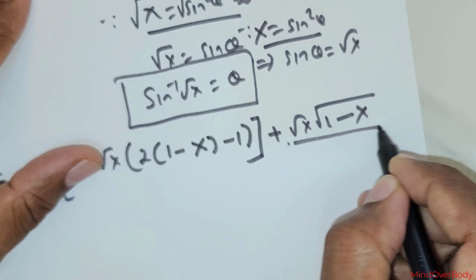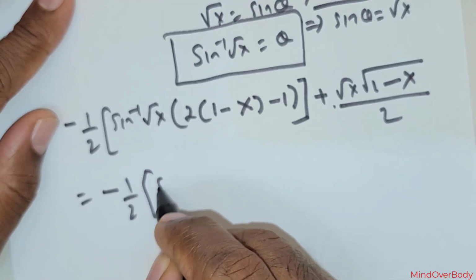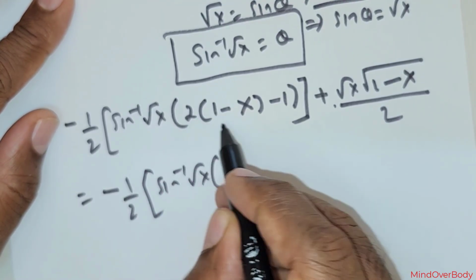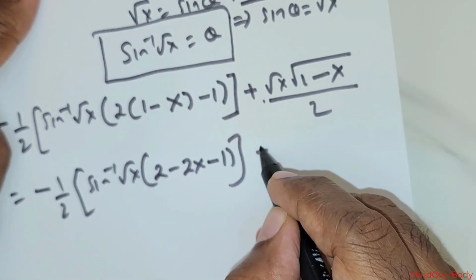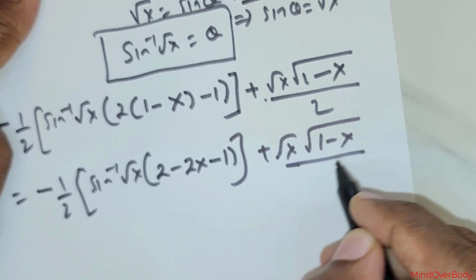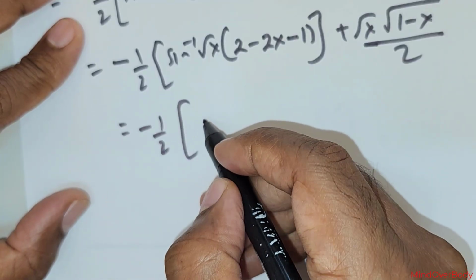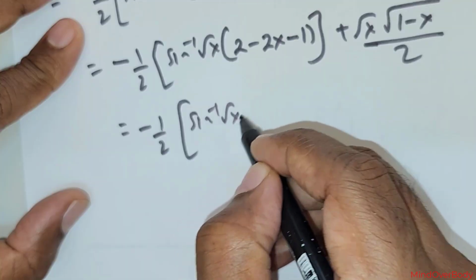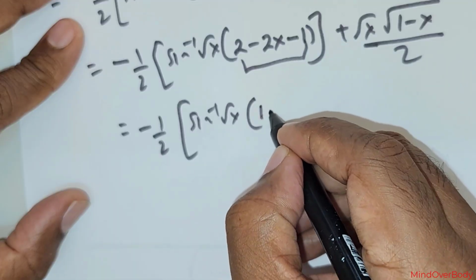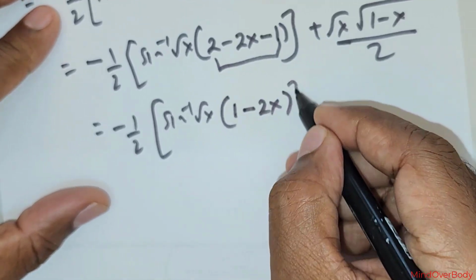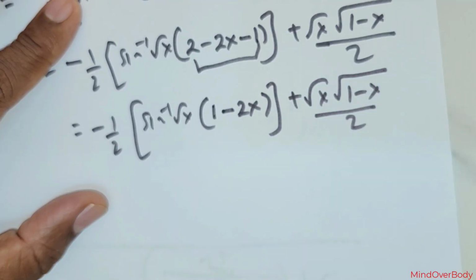So that's x there and you have a 2 there. Now this is equal to negative 1 over 2 times sine inverse of root of x times, distribute this, 2 minus 2 times x minus 1, retain this. So this is going to give you negative 1 over 2 of sine inverse of root of x. 2 added with minus 1 will give you 1, minus 2x. So that is fair enough. Plus root of x times the root of 1 minus x divided by 2.